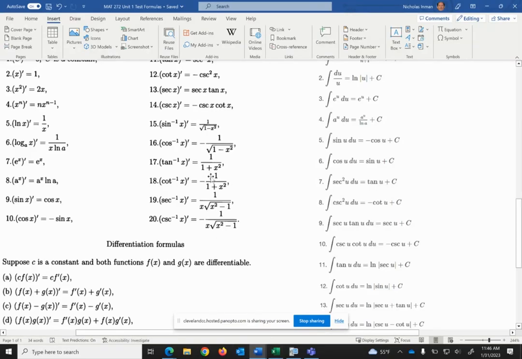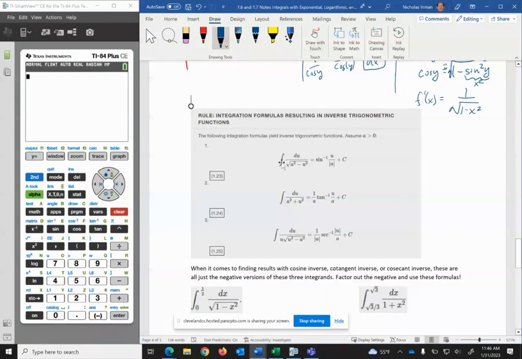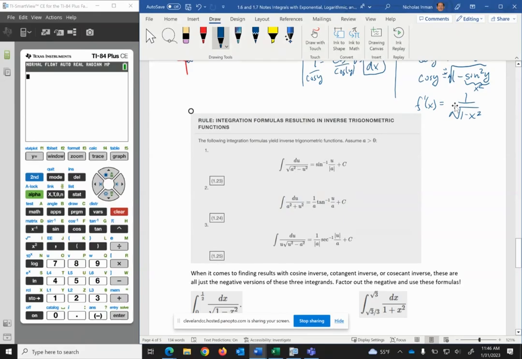All right, so if these are the derivatives of these, if I integrate this, well, I should get this if I take the antiderivative. And that's really what we are dealing with in this section. If I have an integral that looks like this, I expect to get sine inverse.